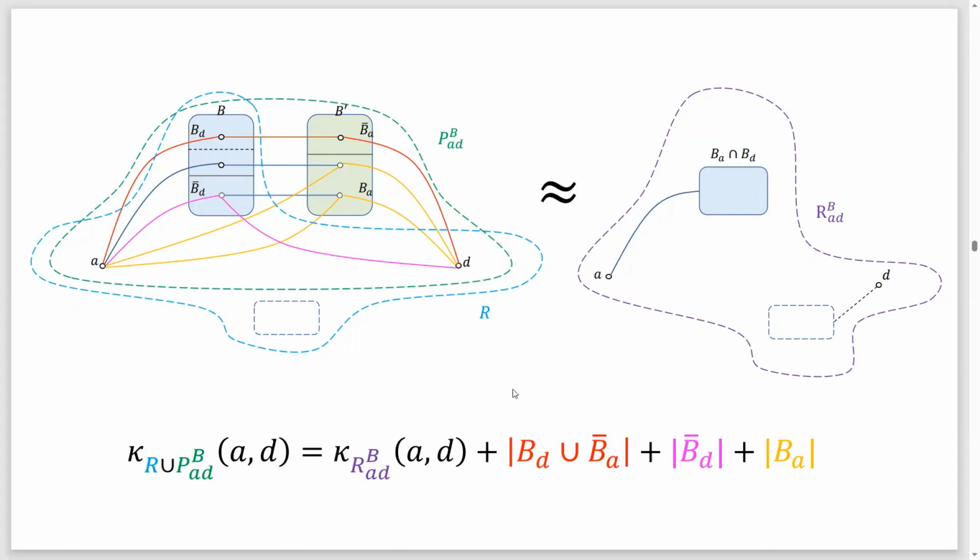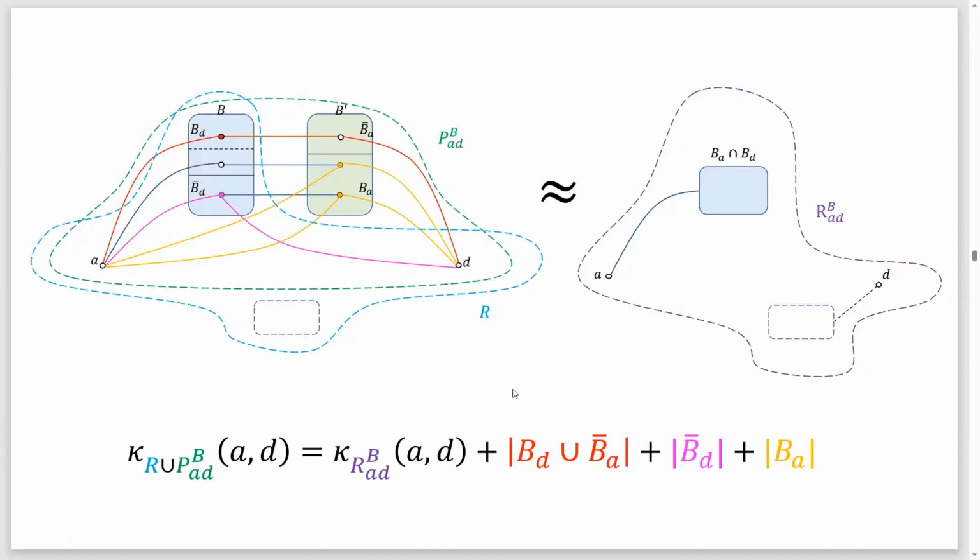So we can see that with some extra paths in RBAD, they can sum to a vertex disjoint path set in the whole graph R cup PBAD. So this is from the flow construction view.